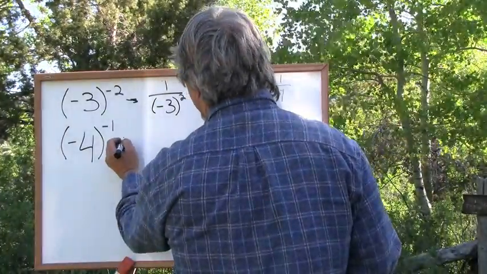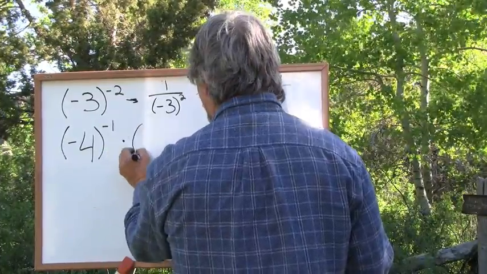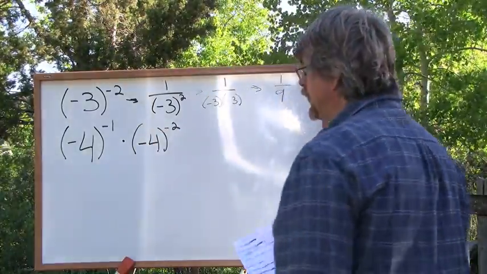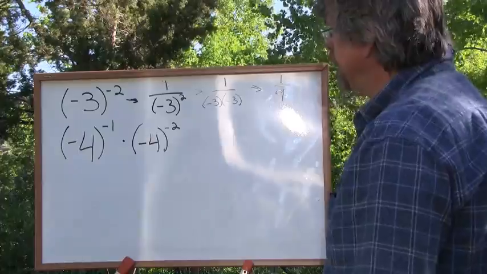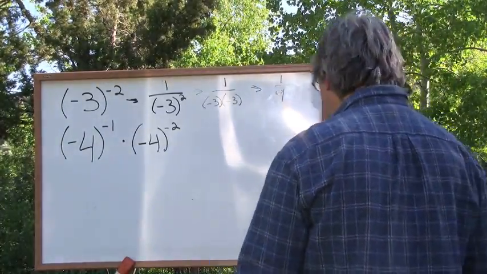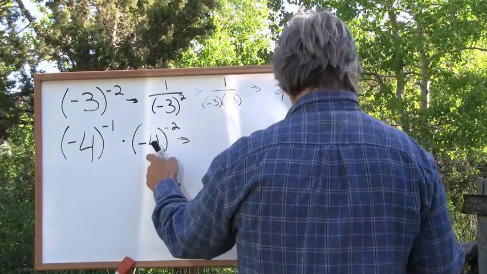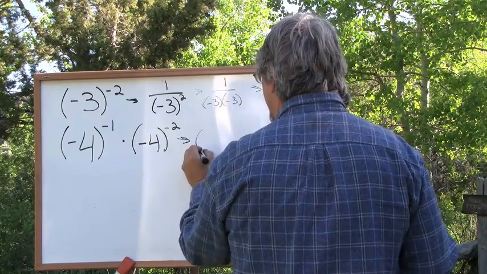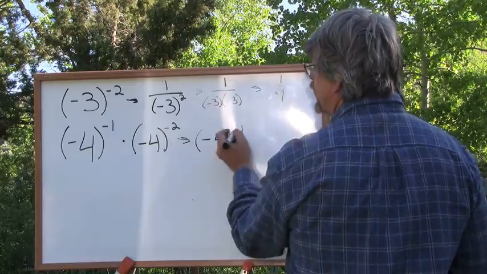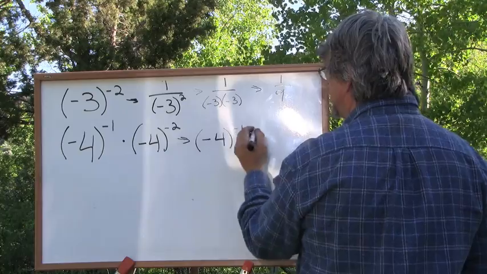Oh, I lied. We're going to multiply this by negative 4 to the negative 2. So now we have an actual equation here. Negative 4 to the negative first times the negative 4 to the negative second. Remember, we're multiplying, so this becomes negative 4 to the negative 1 plus negative 2.